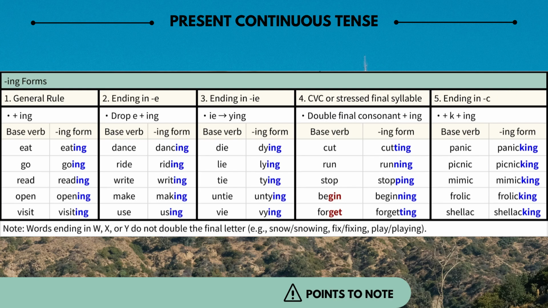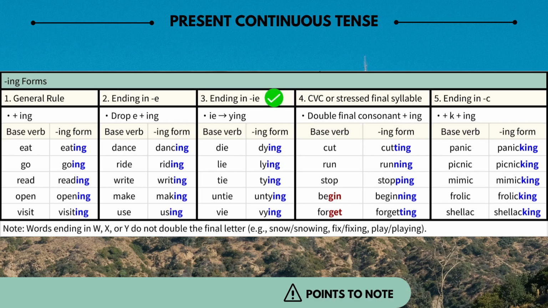Let's review. When making an ing form: 1. Most verbs simply add ing. Eat, eating; read, reading. 2. If a verb ends in e, drop the e before adding ing. Dance, dancing; write, writing. 3.